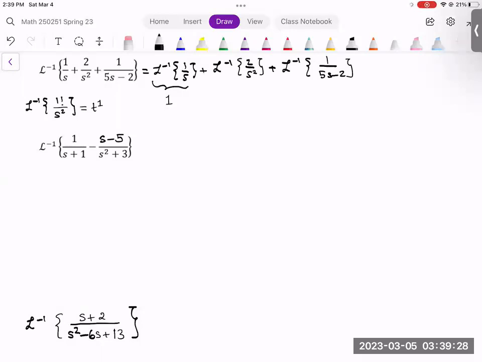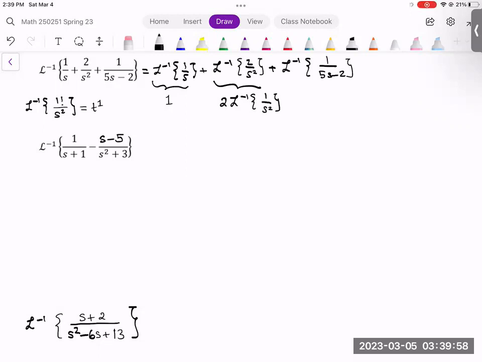So for this term we can just bring this 2 out front. This is 2 inverse Laplace transform of 1 over s squared, which is going to give us t. All right, now this final one, the inverse Laplace transform of 1 over 5s minus 2. Okay, the power of s that we see is 1.